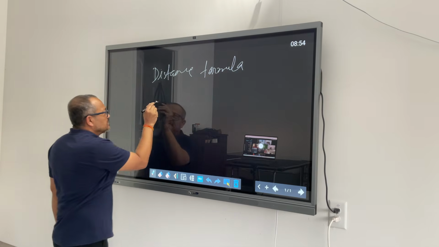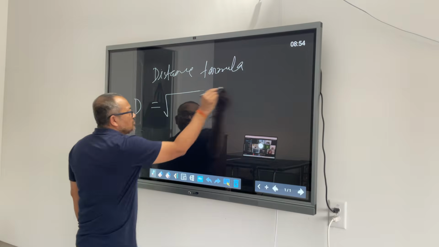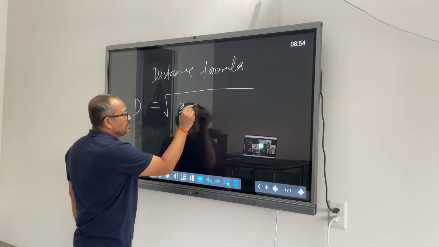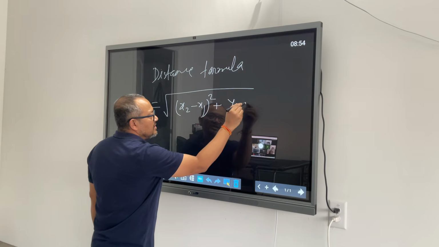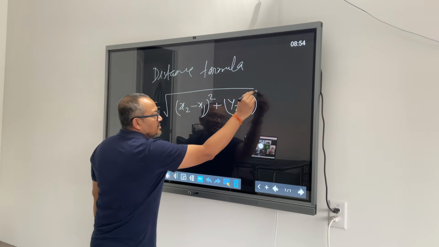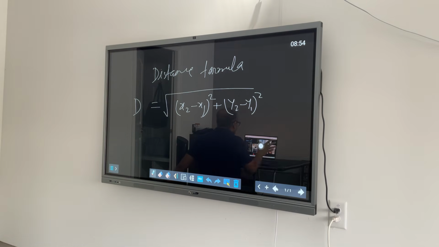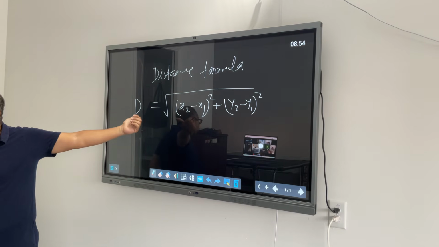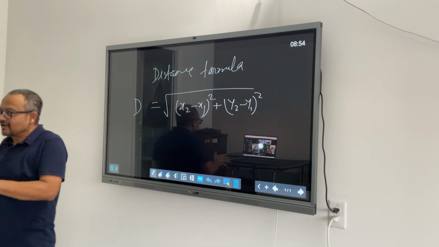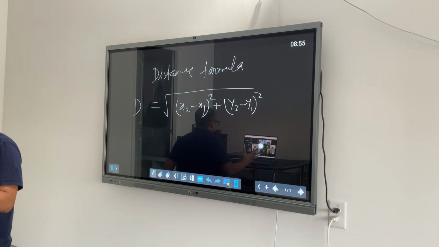And say the distance between any 2 points is equal to the square root of the x coordinates difference square plus the y coordinates difference square. Go brag about it. You are not trying to impress anybody. Actually, you are trying to memorize it for yourself because we just saw it. So it's like you learn something, you muddle the water enough so that the concept becomes yours.